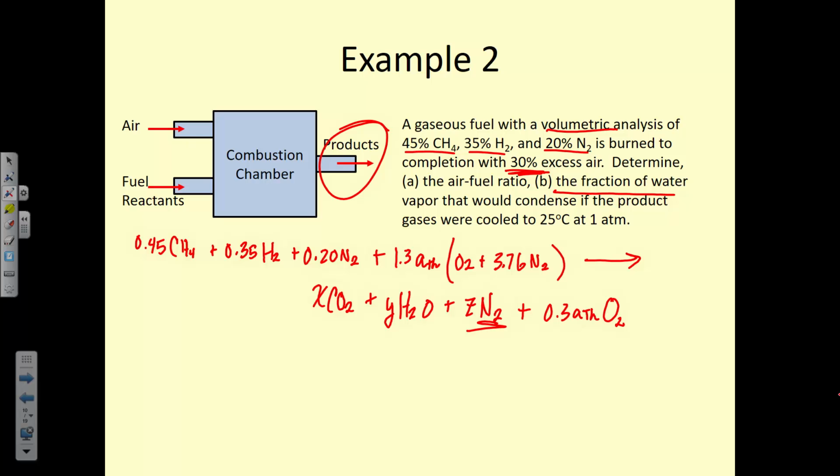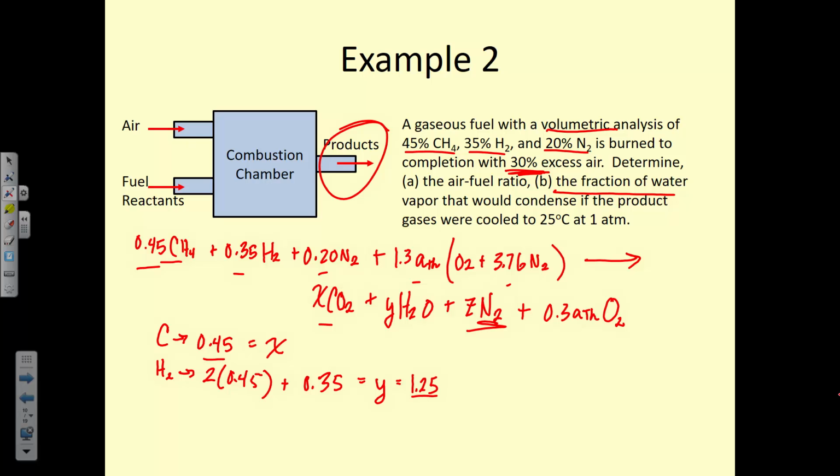We apply the same principles where we look at the coefficients on either side of the equation to balance everything out. If we look at carbon, we have 0.45. That's the only carbon term, and it is equal to X. If we look at hydrogen, we have 2 times 0.45 plus 0.35 is equal to Y. So Y is equal to 1.25.